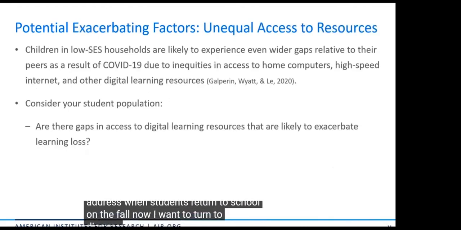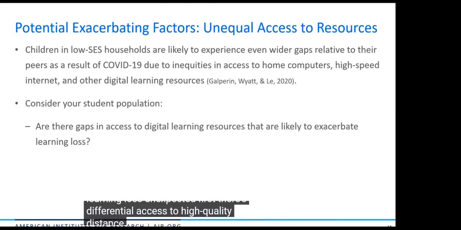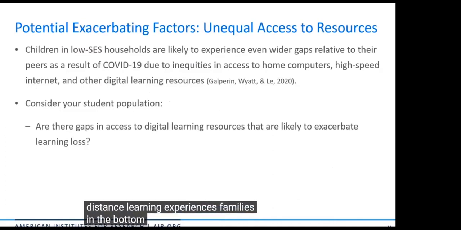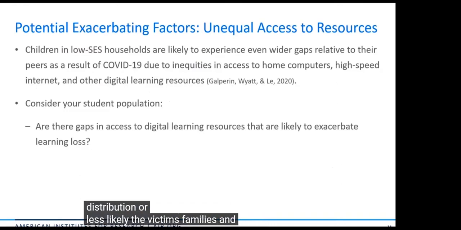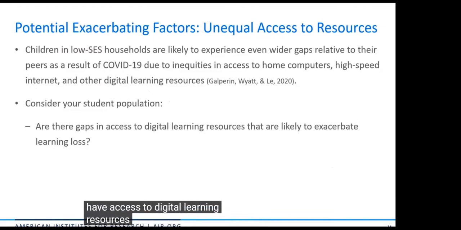Now I want to turn to discuss potential exacerbating factors, factors that could lead to even more learning loss than expected. First, there's differential access to high-quality distance learning experiences. Families in the bottom fifth of the income distribution are less likely than families in the top fifth of the income distribution to have access to digital learning resources.